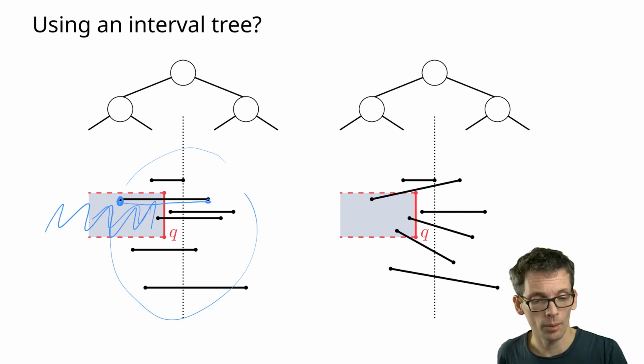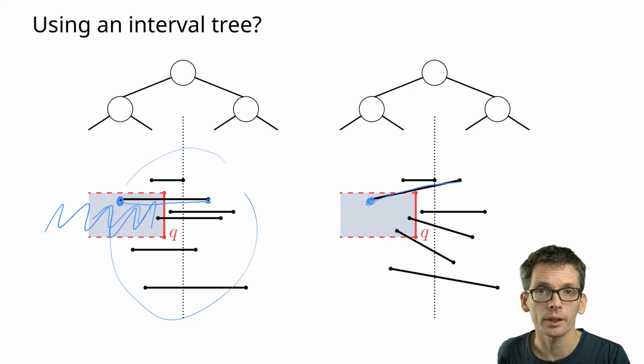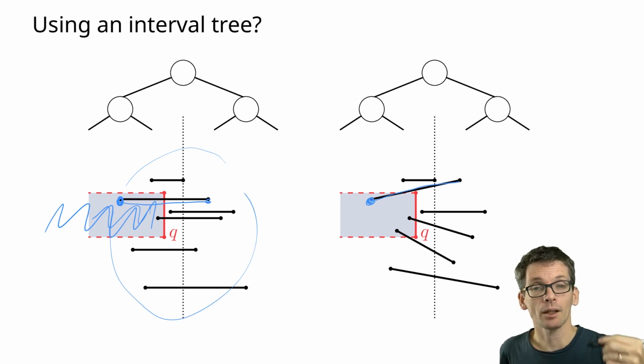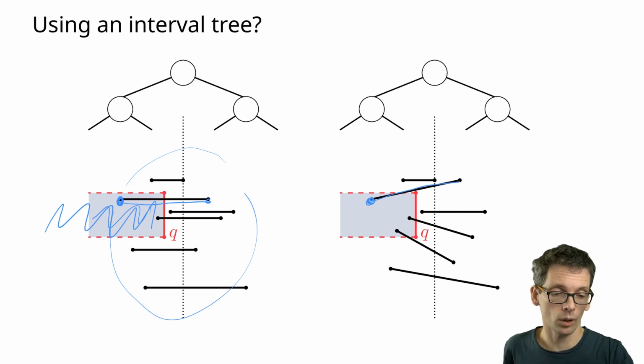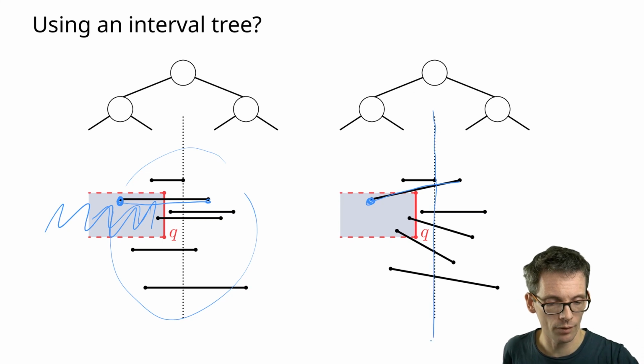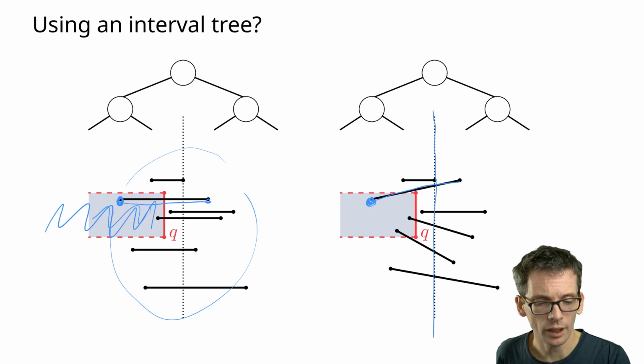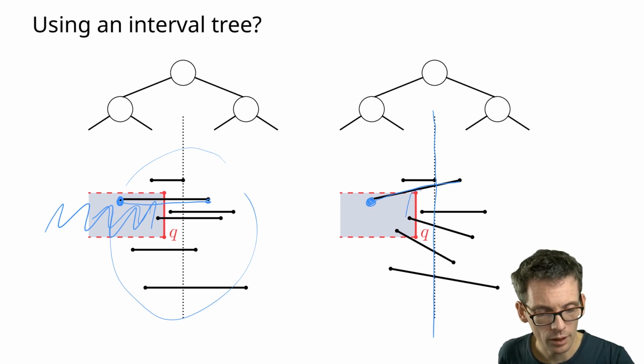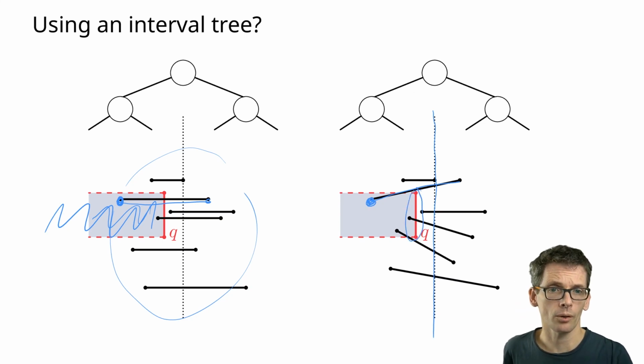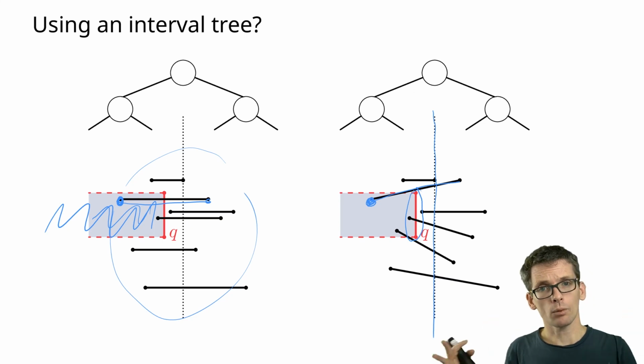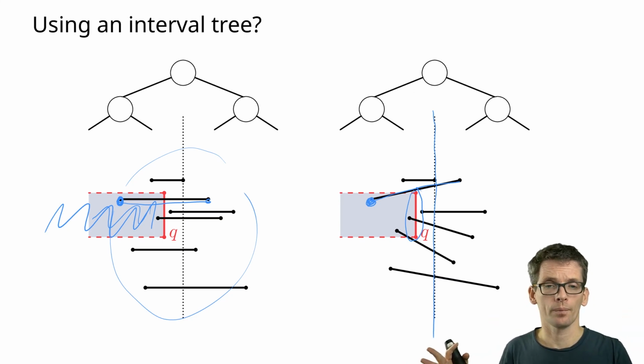Here we have the problem that, despite having an endpoint in that region, a segment that I would store at this node, so here I'm storing everything intersecting this vertical line, does not necessarily intersect this boundary. That's why interval trees won't work here.